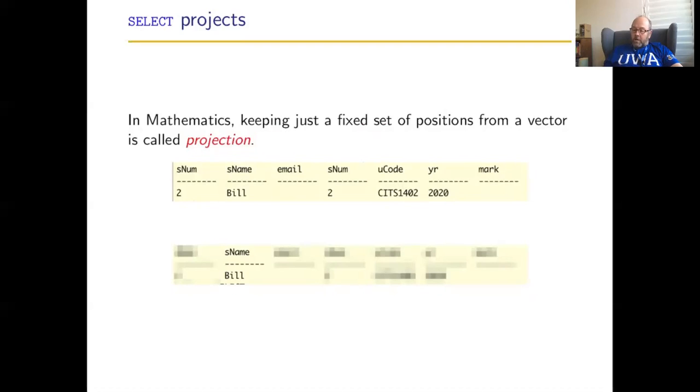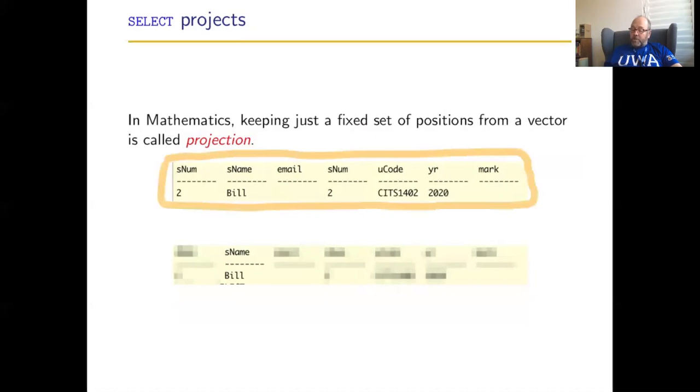So this 7-column table came in, but we were asking to project onto the sname field. And that just means that we forget about all the fields that aren't sname, and we only keep the one that has been asked for. So that corresponds to projection or a deletion of columns.